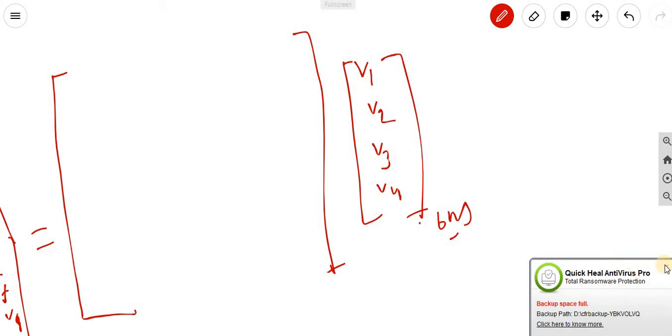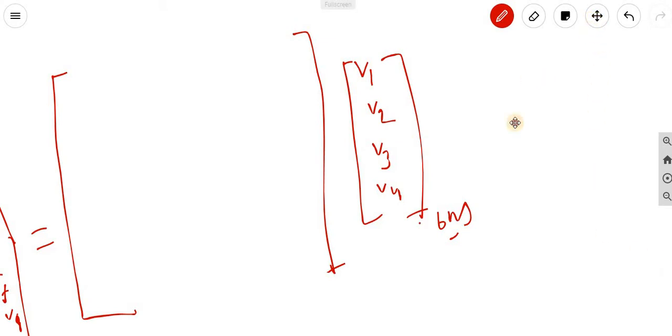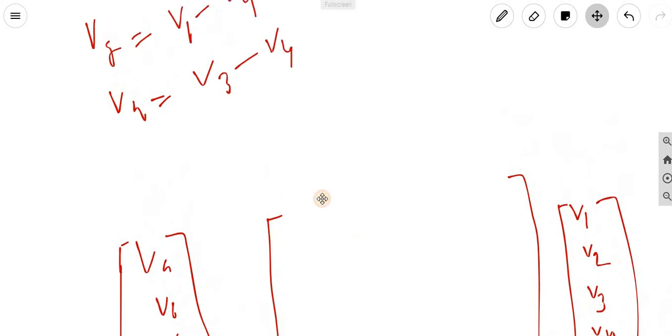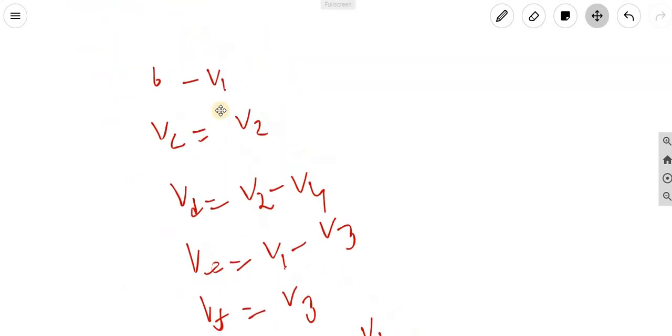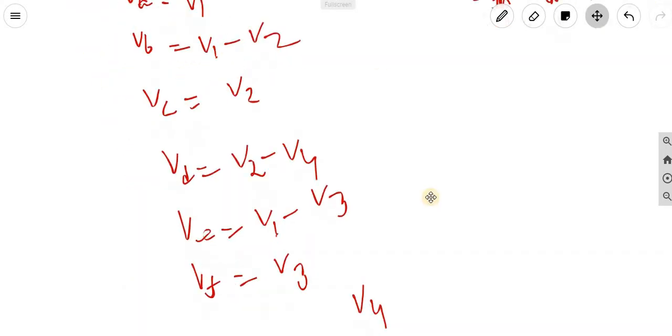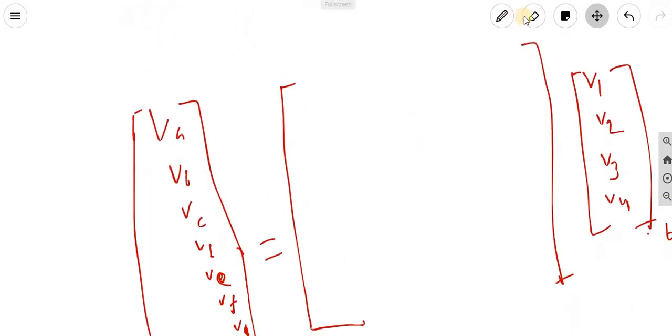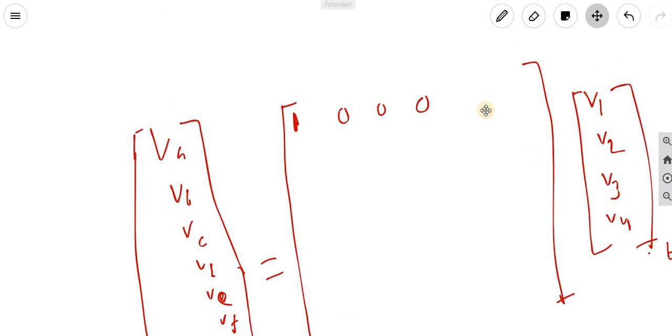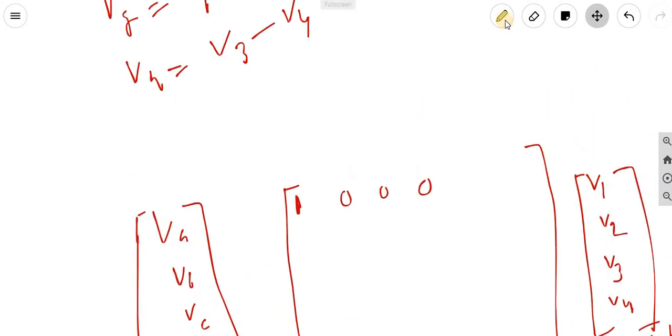This matrix is there. Okay, now what we could get for the first equation, VA: this one is 1 and the remaining are 0, so 1, 0, 0, 0.